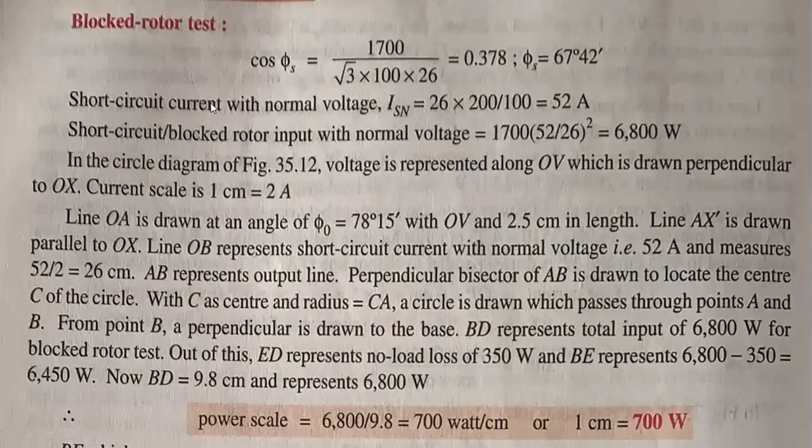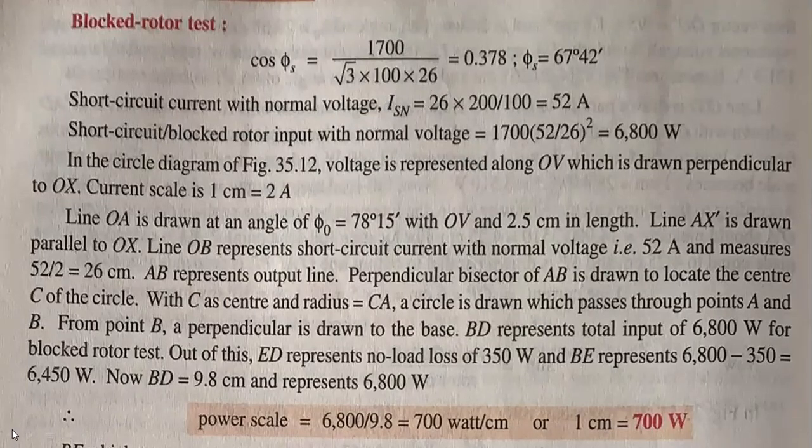See, this is cos phi S. From the blocked rotor test you will get this. So cos phi S is equal to again P by VI.